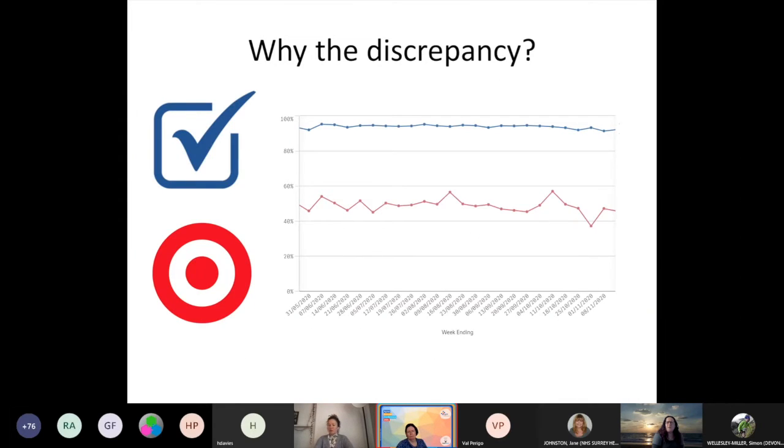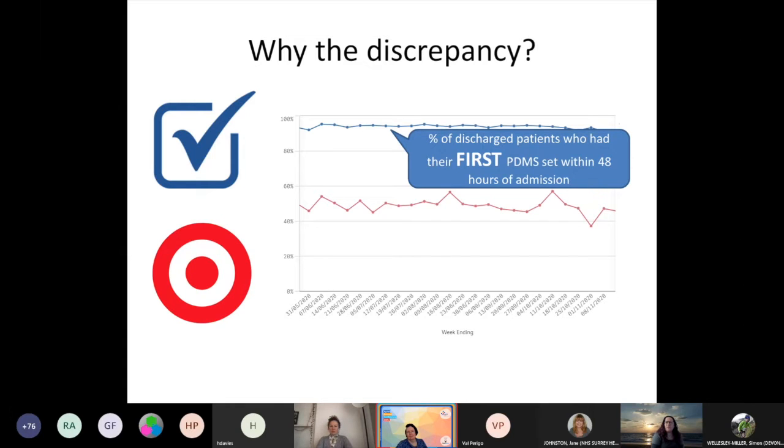So how come there is such a discrepancy between the way we look on paper and what is actually happening on the ground? Let's look at the details here. The percentage of discharged patients who had their first predicted date within 48 hours of admission.